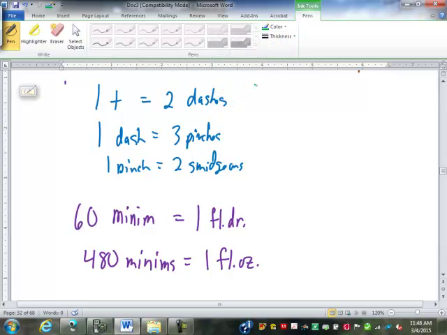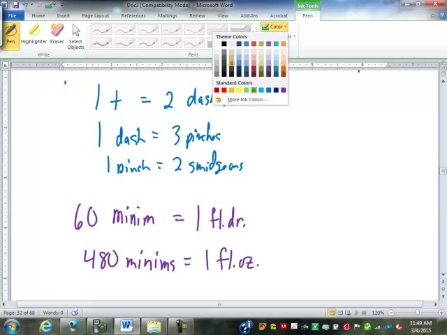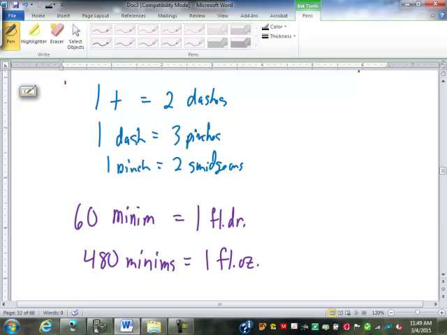The minim was actually the standard for measuring medications for a long, long time. Grains, which, like I said, we're now going to put into the metric system, was also a pretty good one. So anyway, that's about it for our standard units of measurement that we're really concerned about.